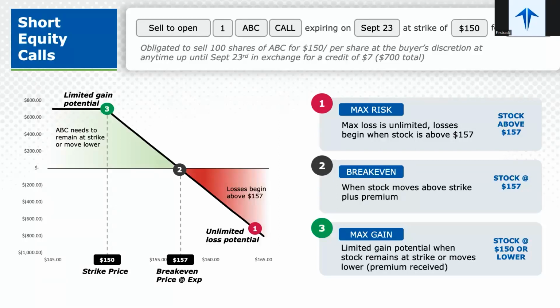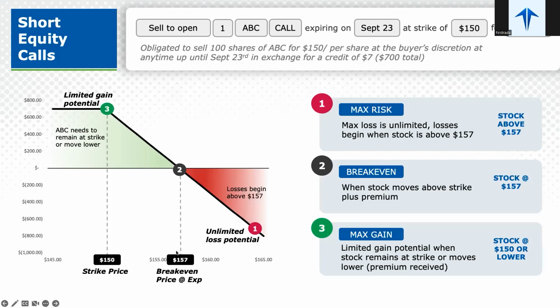That's how this strategy has unlimited loss potential if you do not own an offsetting position, which is just owning the stock itself or a long call. So the max risk for this, as the stock goes up in value, is completely unlimited loss potential because, again, ABC can theoretically go to an infinite price.